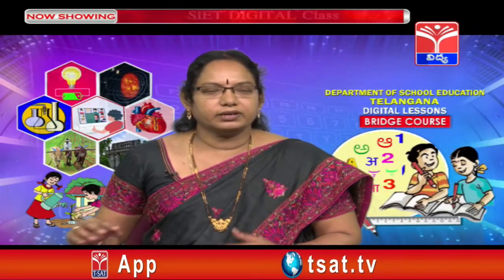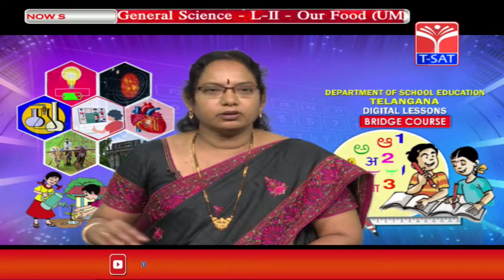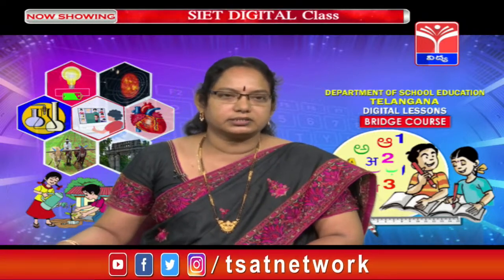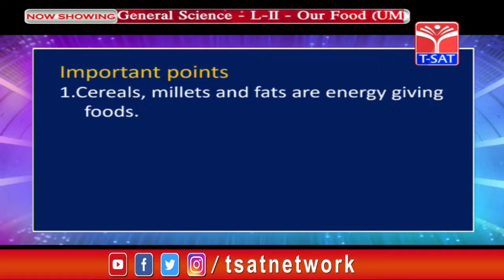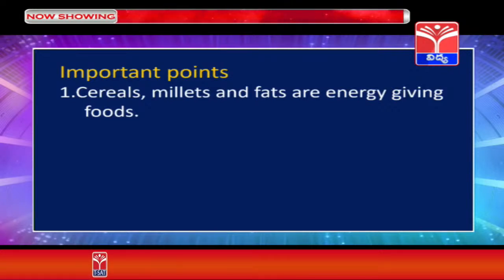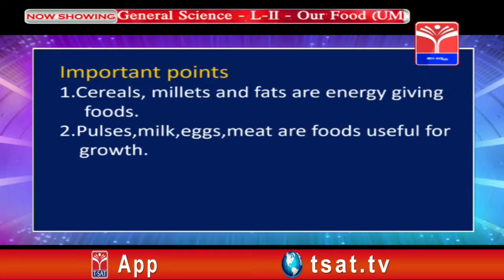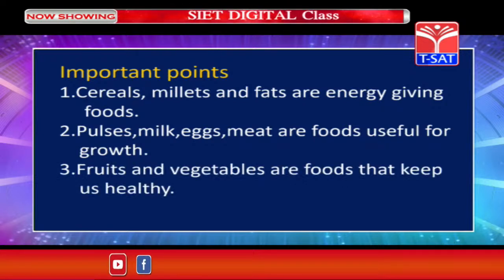So, you have learned many concepts on food. Now let us summarize and see some important points. 1. Cereals, millets and fats are energy giving foods. Pulses, milk, eggs, meat are foods useful for growth.